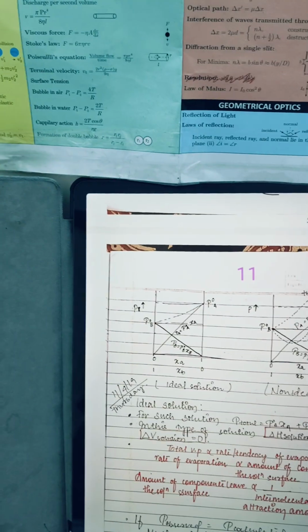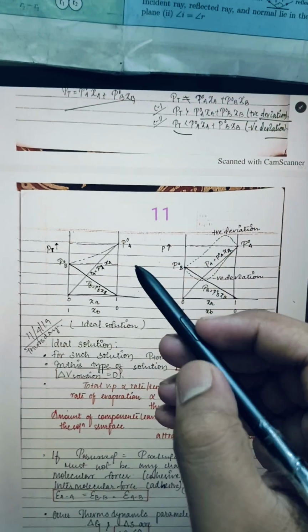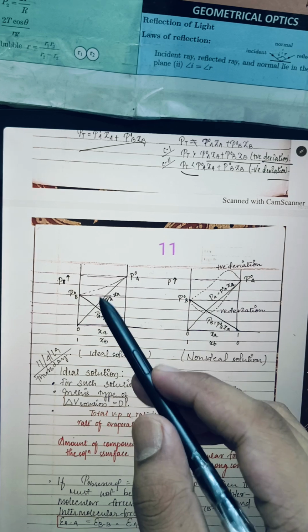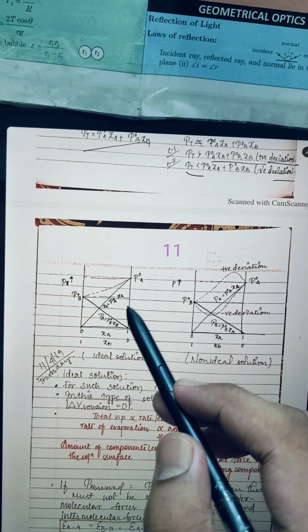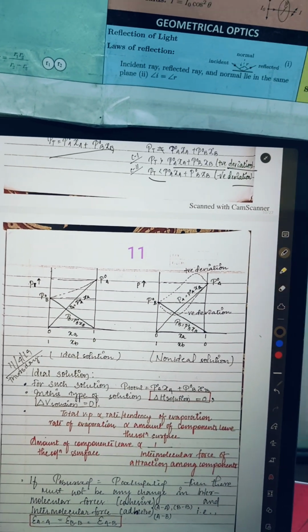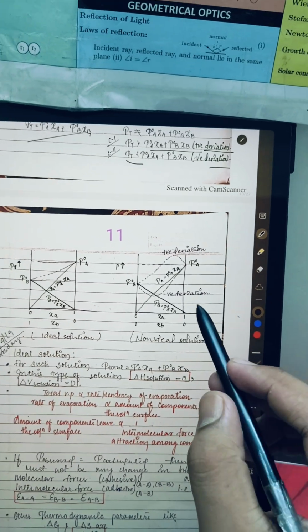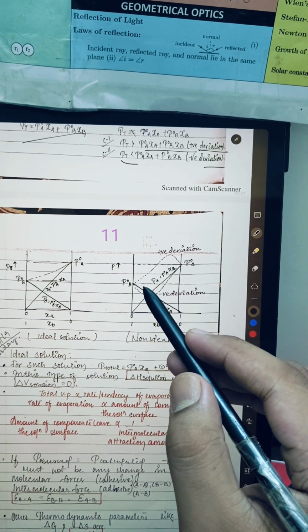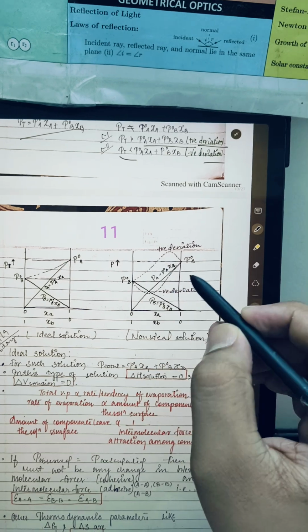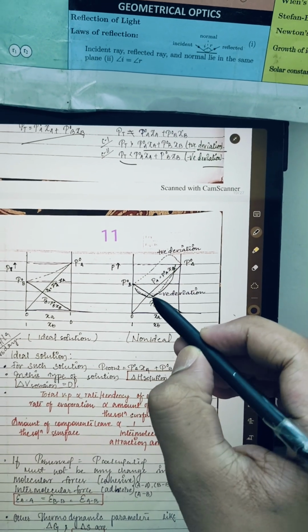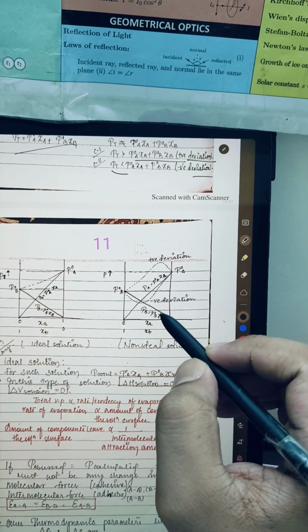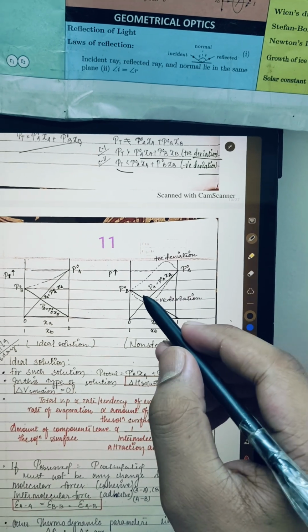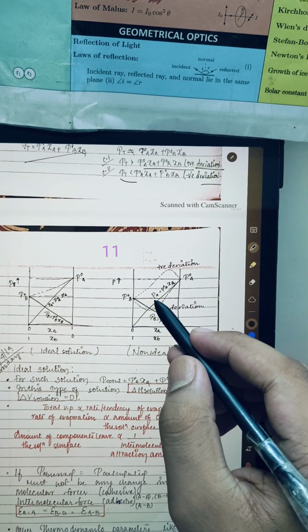If this is the ideal solution, as we have done, then for a non-ideal solution this line would go up for positive deviation, and if it goes down, it is negative deviation.